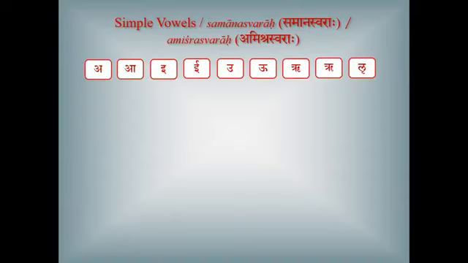We are going to see from where these sounds come, the places of pronunciation of these vowels. Now, how many vowels are there? These 9 vowels are called simple vowels. Samana Swaraha, otherwise called Amishra Swaraha.